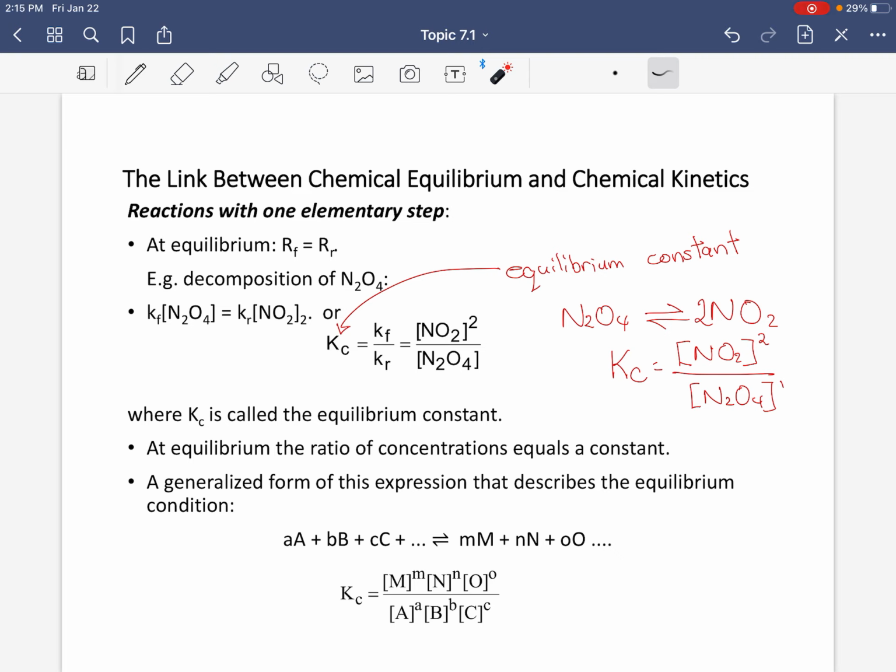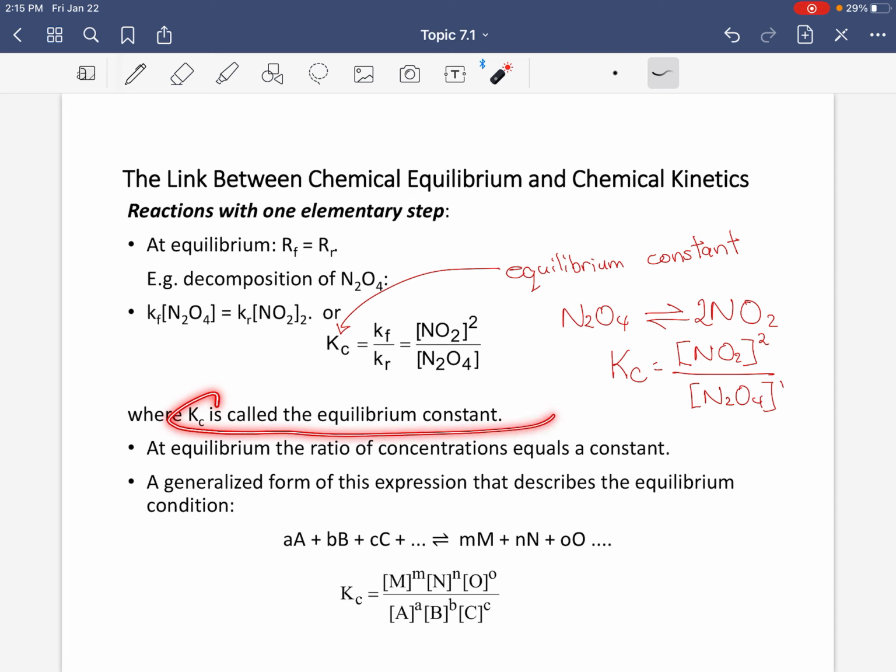And this K value can be seen in many CRC handbooks and your IB constant booklet. Okay, so in your IB constant booklet, there is a section where it shows you certain popular reactions and their equilibrium values. We're going to do a lot of math dealing with this, so you don't need to worry.